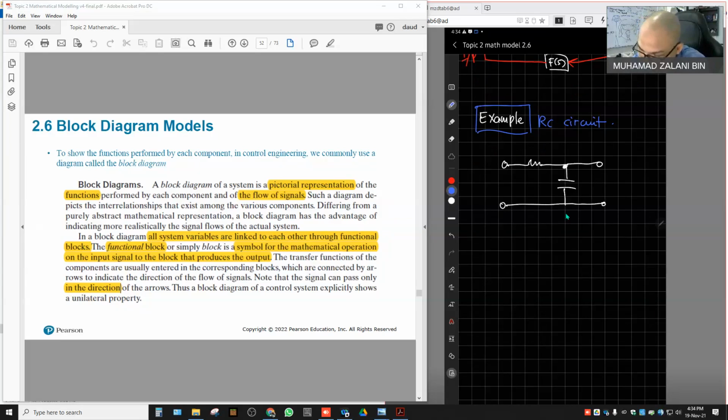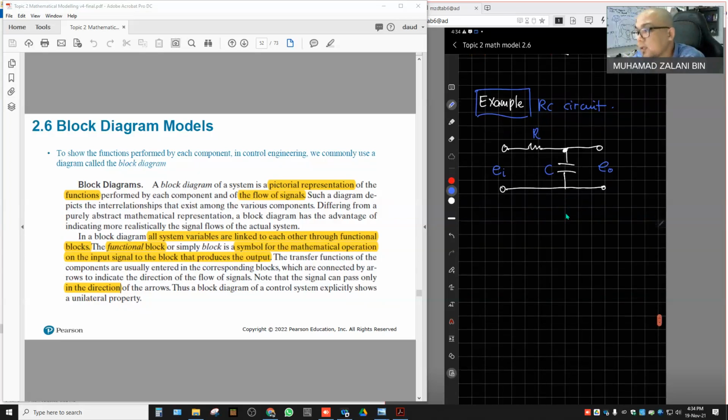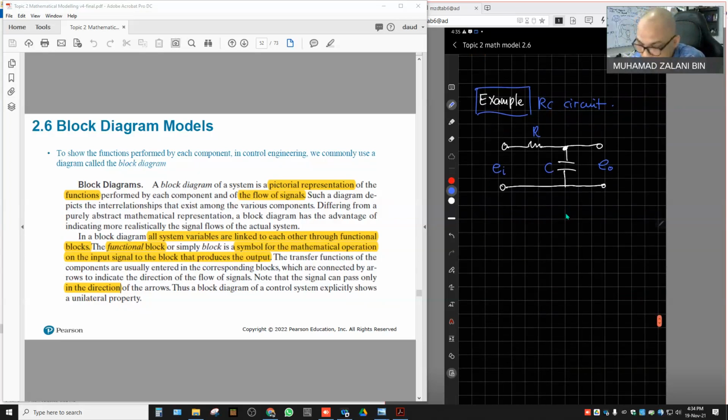The input is the input voltage represented by EI, and the output is the output voltage represented by E naught. So this is the RC circuit that has the input and output.